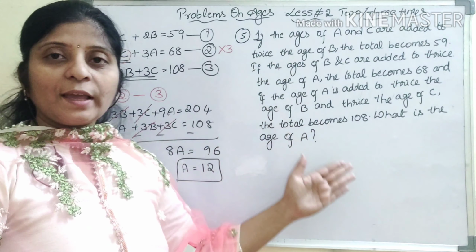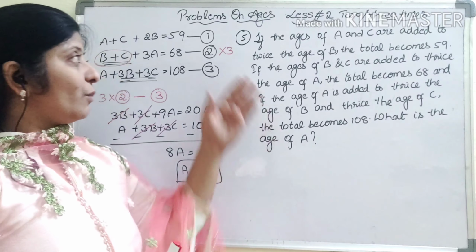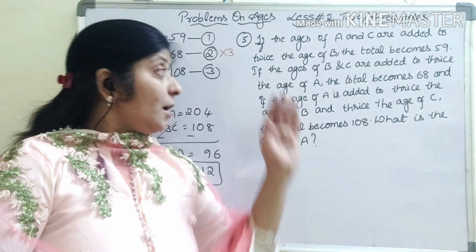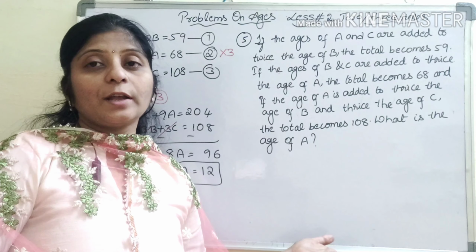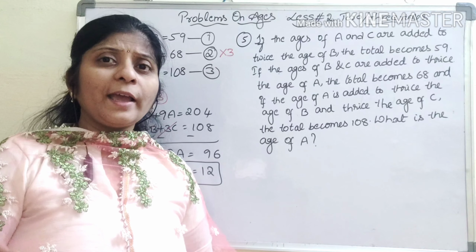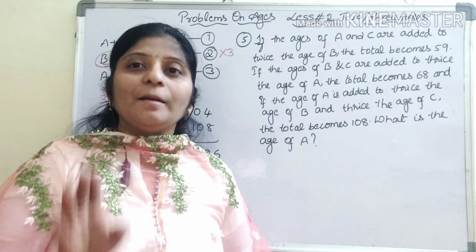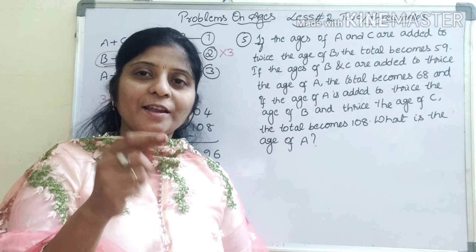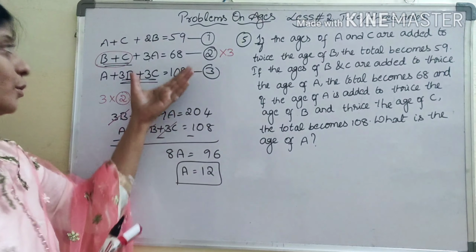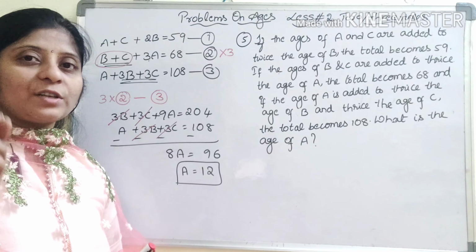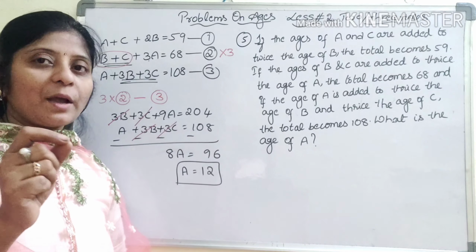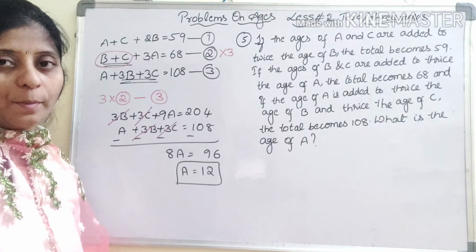If you see this question in a question paper, it will look like a very big question. How to solve this big question? Then we lose our mind. So don't lose your mind. Be patient when you are on this channel. By solving step by step, by reading step by step, you can easily solve the problems.